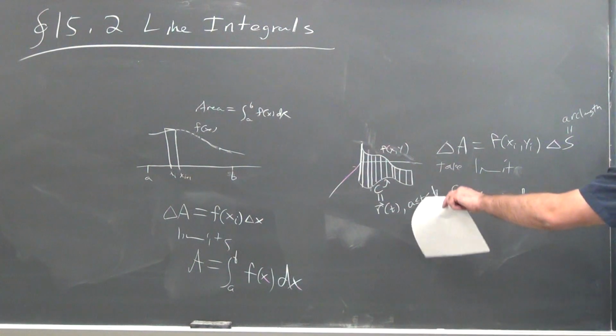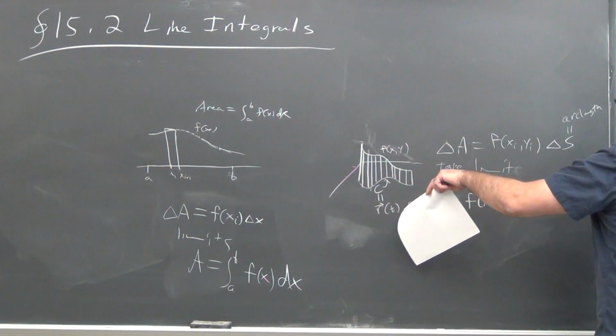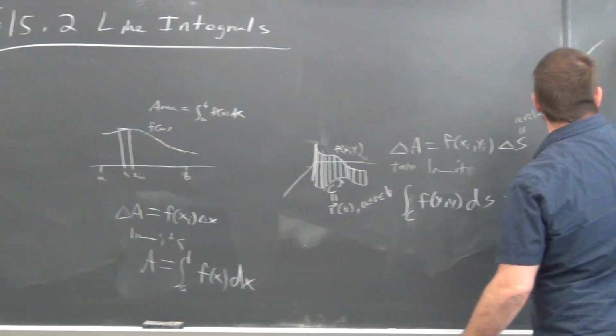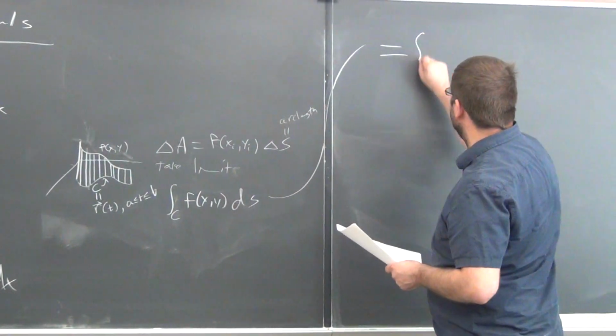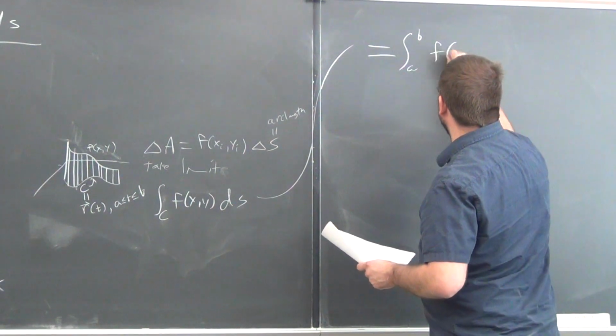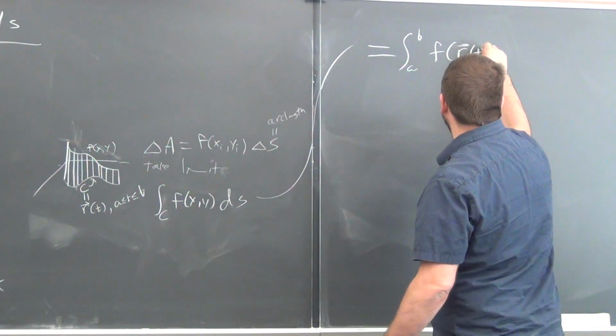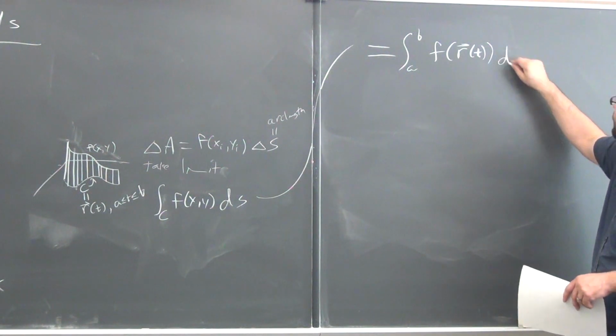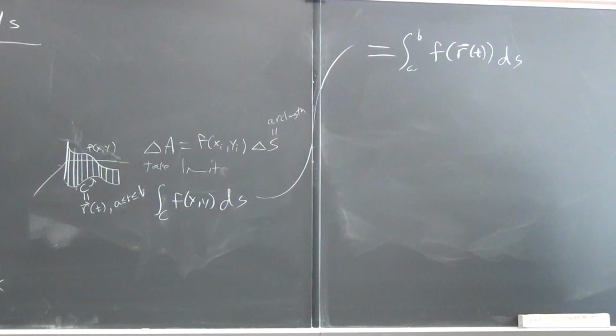Then you want to take the integral along this curve. This becomes the integral from a to b, and you just plug that r of t into your function, and ds still. If you remember, what was ds?